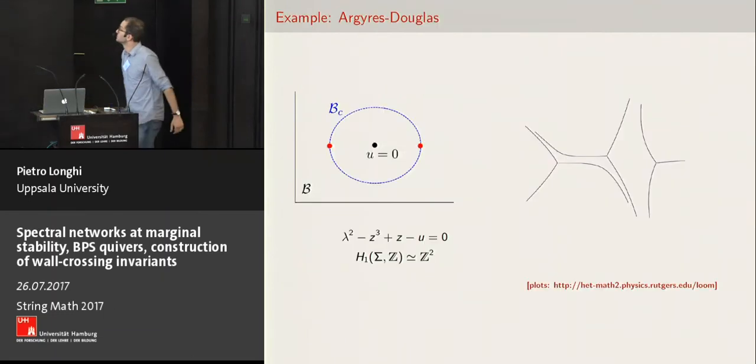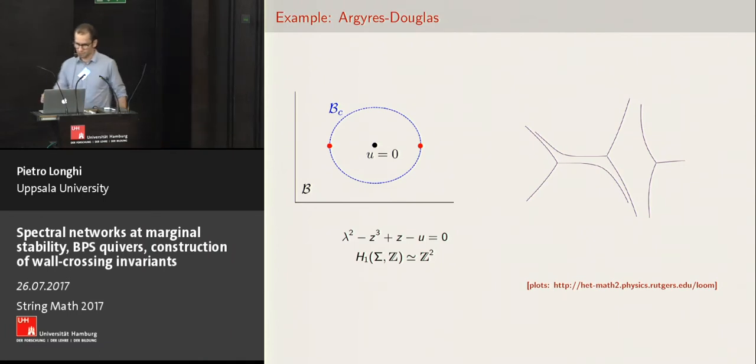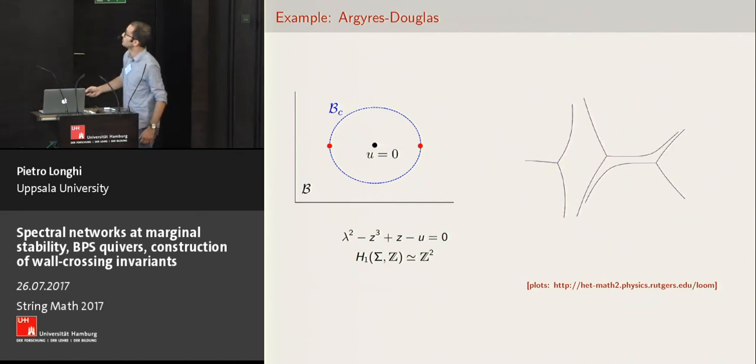So let's start with the simplest example, which is the original Argyres-Douglas theory. The Coulomb branch is the complex plane, and the critical locus is the blue circle. So if we choose a generic point in the Coulomb branch, say u equals 0, and we study the spectral network, we see two jumps, which correspond to the two BPS particles which populate this region.